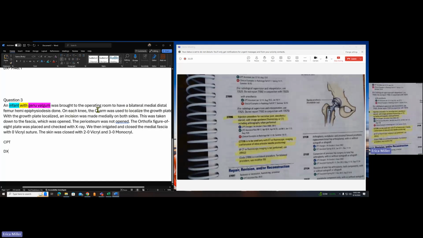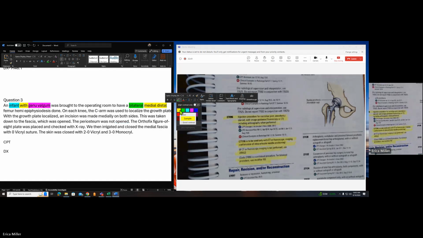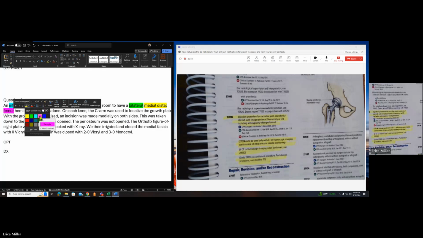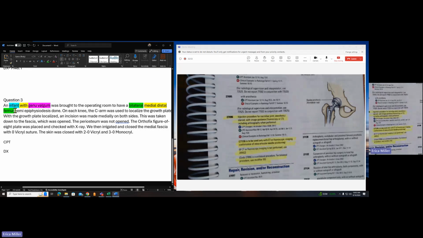They were brought to the operating room, and here's the service. Keywords here: bilateral, medial distal, femur, and then hemi. Hemi is half, okay? So now we have a hemiepiphysiodesis.